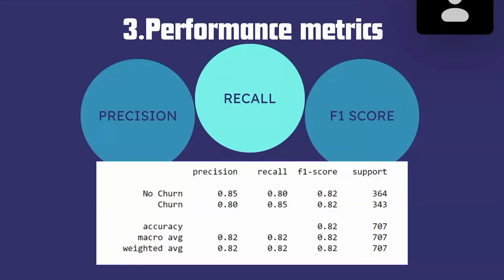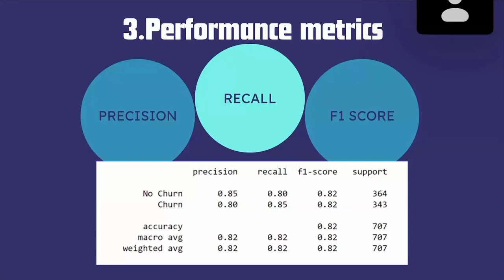Precision for a churn prediction model indicates the proportion of correctly predicted churn cases, true positives, out of all cases predicted as churn. It helps ensure that when the model predicts a customer will churn, that prediction is likely correct. For example, a precision of 0.79 means that 79% of customers predicted to churn actually did.